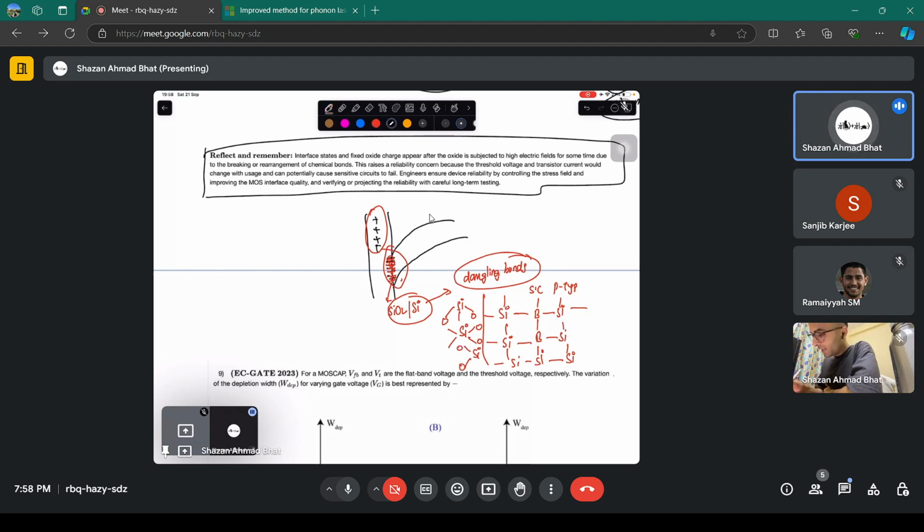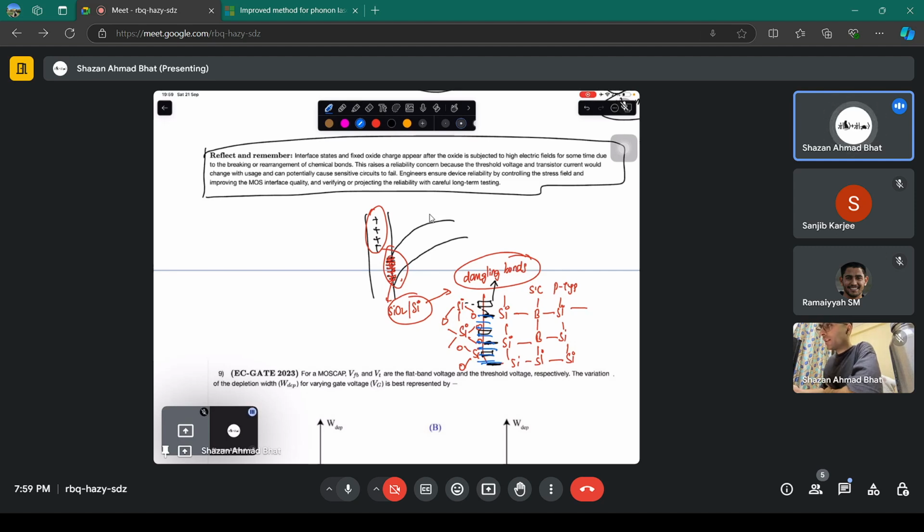When the bonds form between these silicons, or silicon and oxygen, not all of these bonds get satisfied. What remains are some unsatisfied bonds, bonds which do not find another partner to make a bond. That forms something called dangling bonds. Those unsatisfied bonds create energy states at the metal semiconductor interface.